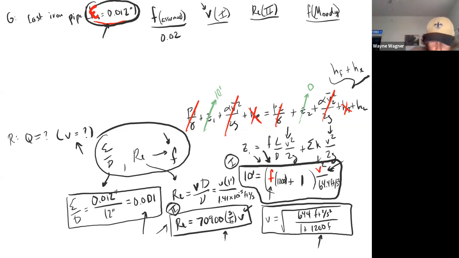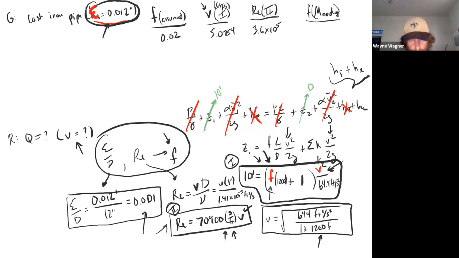So I'm getting a velocity of 5.0754 feet per second. I'm going to plug that in here to get a Reynolds number. So multiply by 7,900, and I get 3.6 times 10 to the 5th.